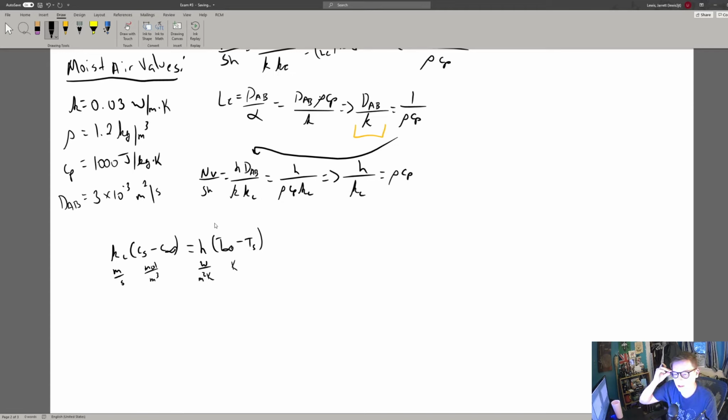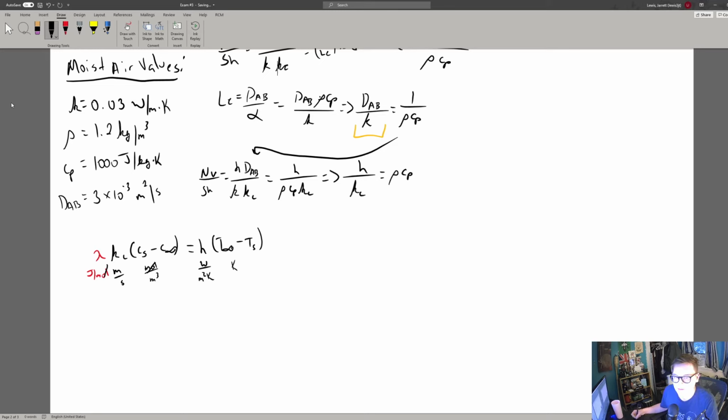And so we're going to have to work our units out. We're going to have to get some other variables in here that fix our units. The first thing we're going to want to do is multiply the left side by the heat of vaporization, which is in joules per mole, and that gets rid of moles for us.